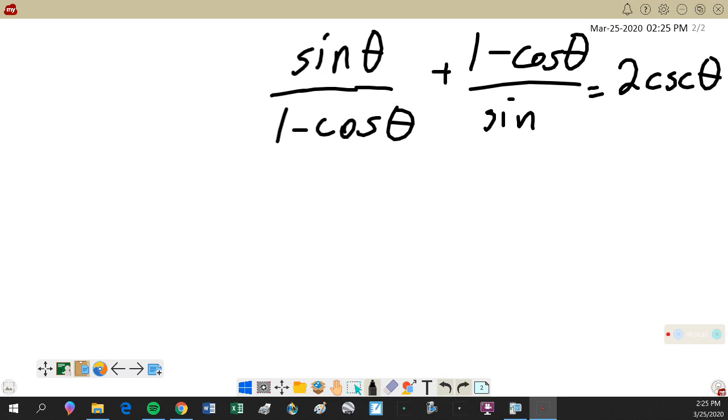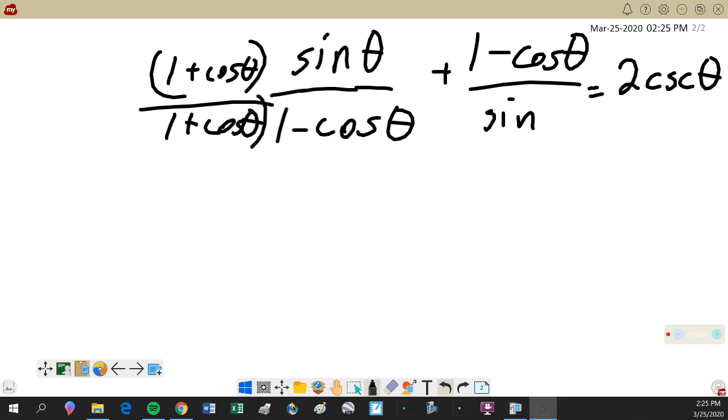So I have a conjugate, 1 minus the cosine of theta. So I'm going to multiply by 1 plus the cosine of theta. And I'm actually going to quit using the thetas because they're all thetas. So the bottom turns into 1 minus cosine squared.